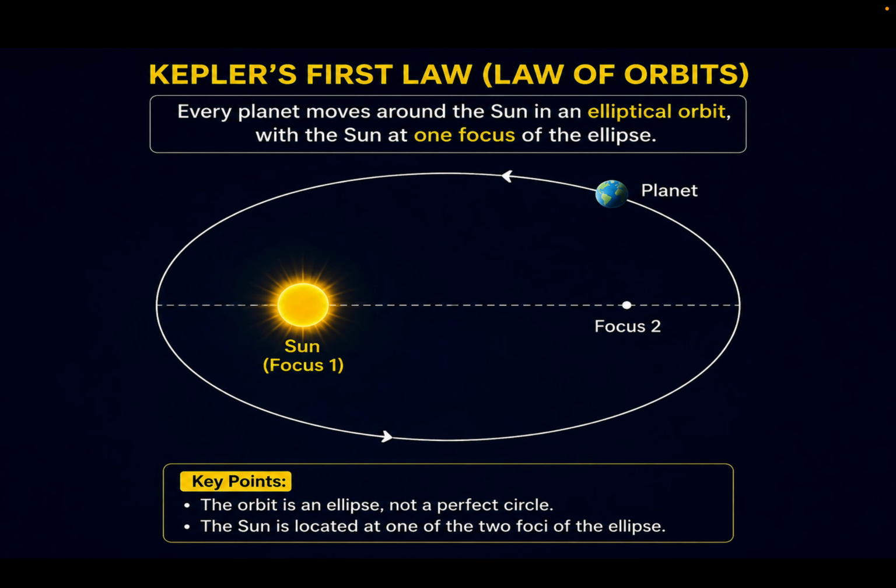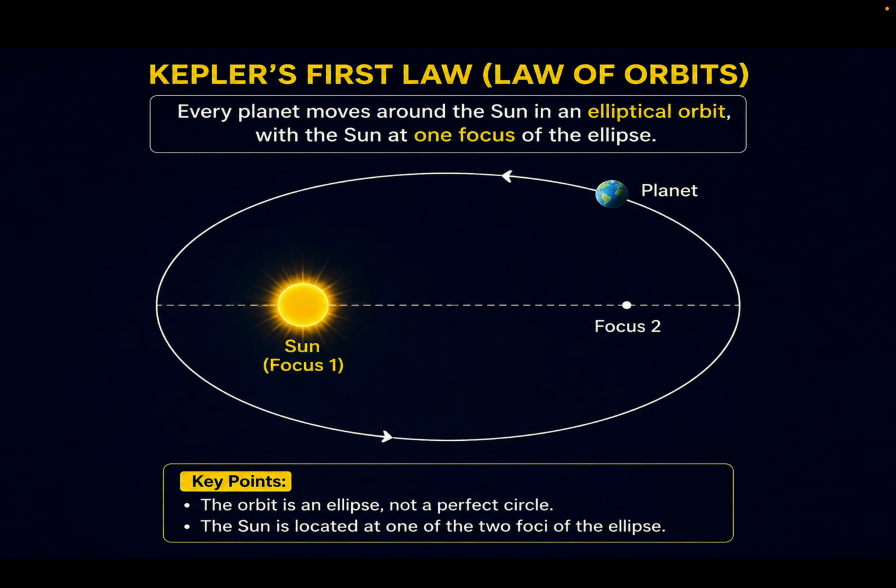And if you see Kepler's first law, we call it the law of orbits. Now, according to this law, the earth revolves around the sun in an elliptical orbit and not in a circular orbit. We know that an ellipse has two focal points, and in one focal point the sun is present.